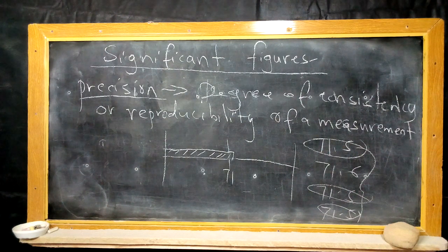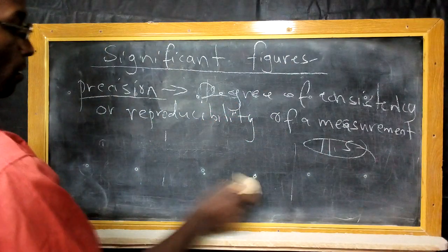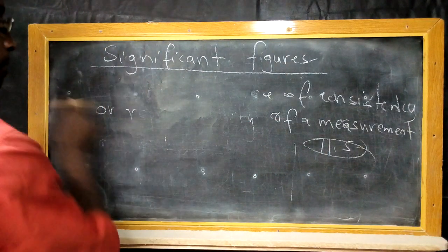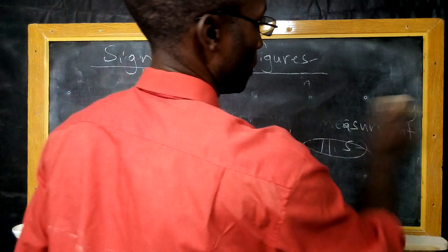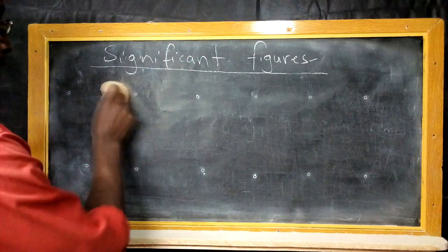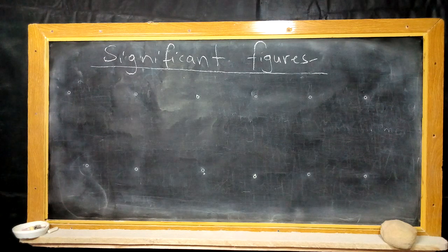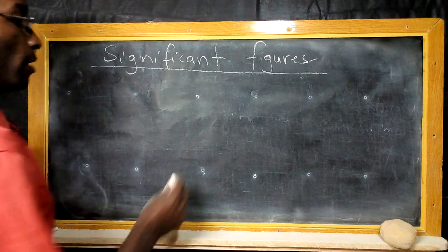So in that case, we have different instruments which are used to measure different quantities, like length, weight, volume, etc. As we said, one cannot estimate the reading of an instrument better than its smallest subdivision.